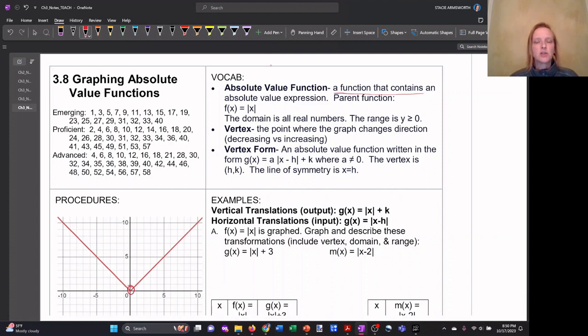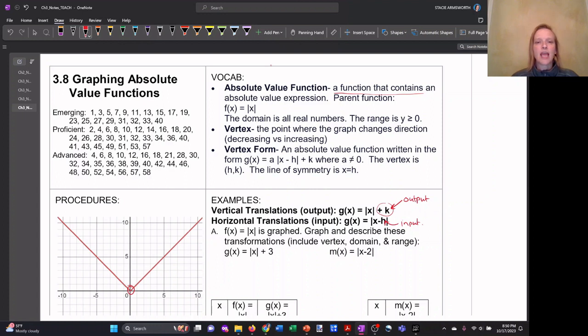Just like we saw with linear equations, sometimes the change that we make to the parent function affects the output values, and sometimes the change that we make affects the input values. So let's see how each of those changes affects the function.